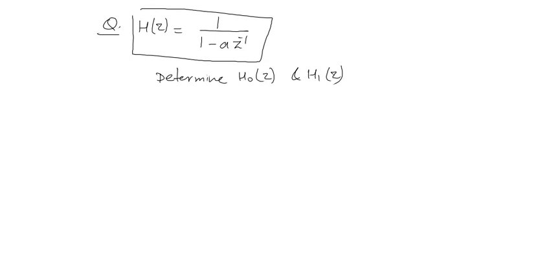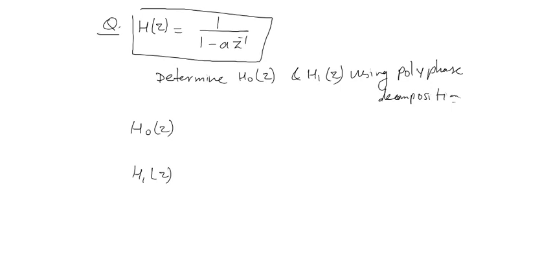Basically you have to decompose it into two polyphase components using polyphase decomposition. Okay, when you decompose it, you just have to give the values of h0 of z and h1 of z. So please compute that.